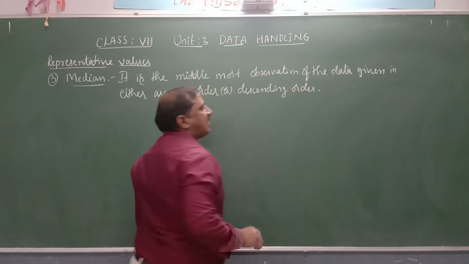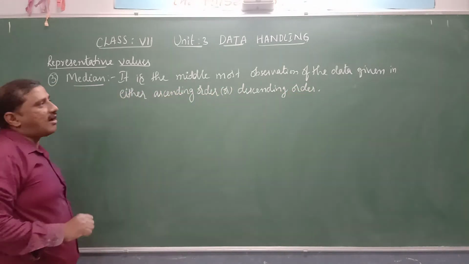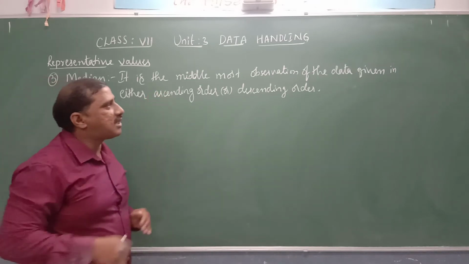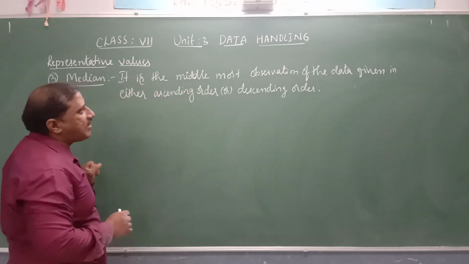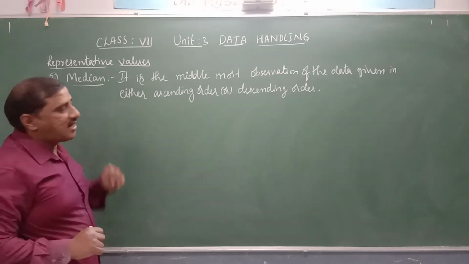So we should write the given data either in the ascending order or in the descending order. Then you observe the middlemost observation. That middlemost observation will be the median of the data.